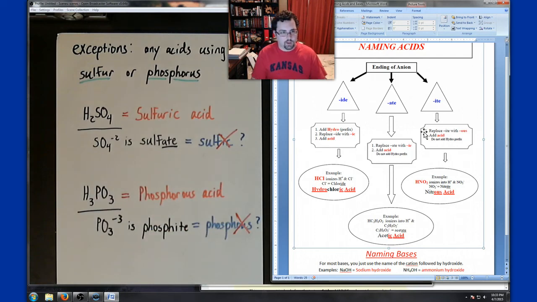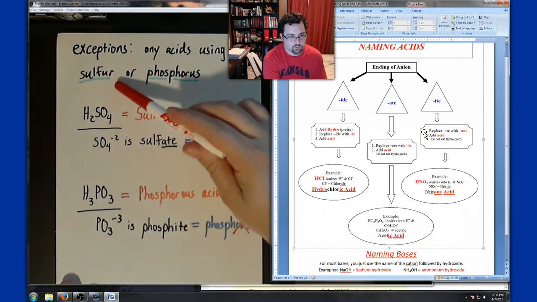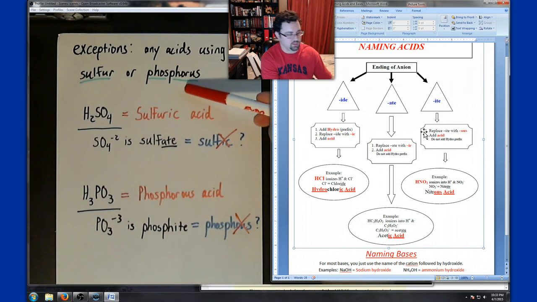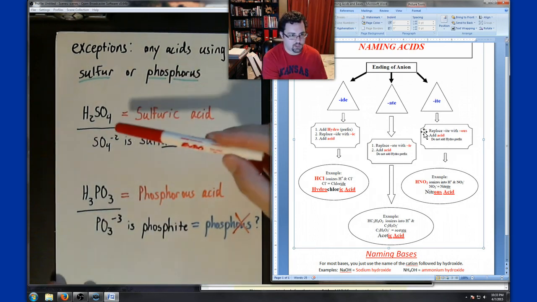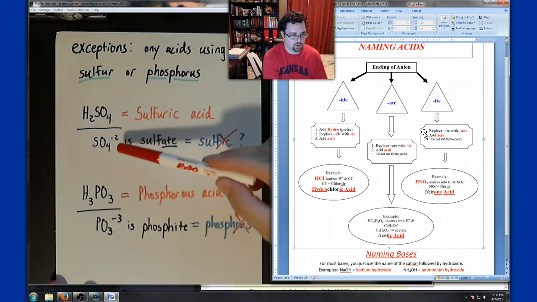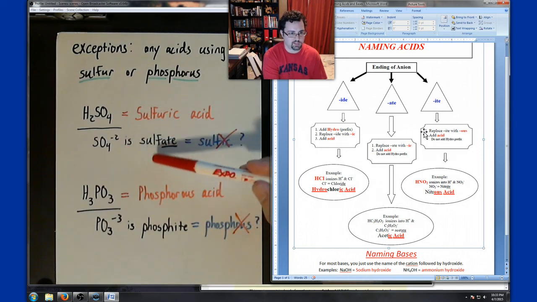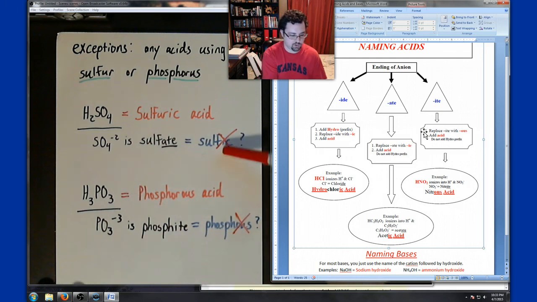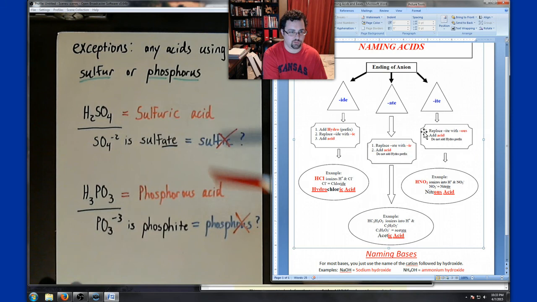There are a few exceptions to this flowchart rule, which are slightly annoying, but you'll start to remember them pretty quick. Any acids using sulfur or phosphorus, for some reason, break the rule a little bit. Instead of being H2SO4, since SO4 is sulfate, technically that should be sulfic acid, but for some reason it keeps the entire word. So instead of sulfic acid, it's sulfuric acid.